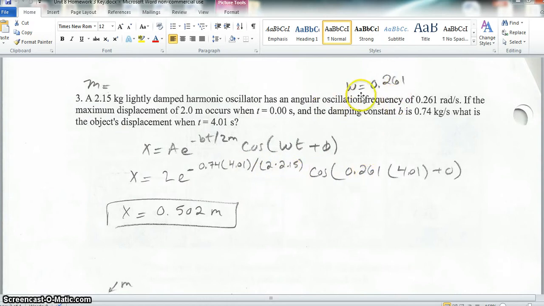The only thing to realize is that the angular frequency is not my f, it is my omega of 0.261. I've got all these measurements to plug in, and just make sure you are in radians when you plug this in, and that's where I got my position as 0.502.